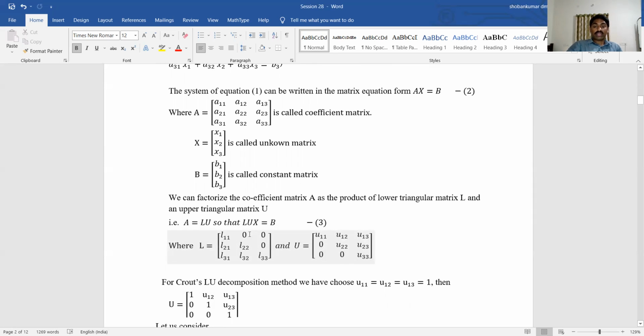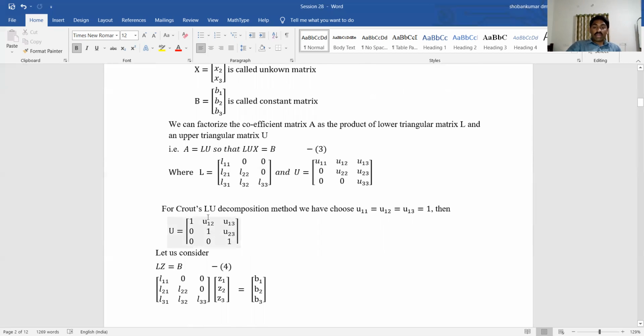Here, all the entries above the main diagonal of L should be 0. Here, all the entries below the main diagonal of U should be 0. Now, for Crout's LU decomposition method, we choose U11, U22, U33 equal to 1. That means Uii is equal to 1.